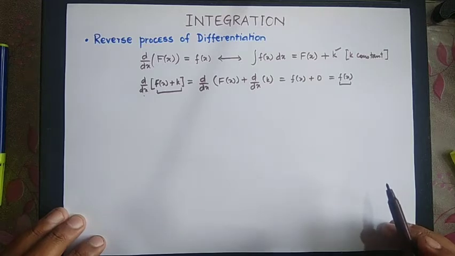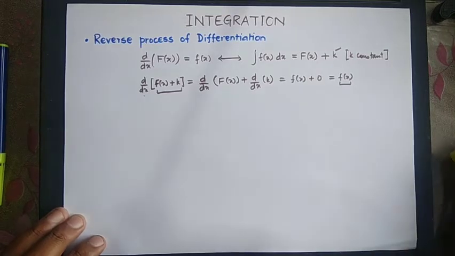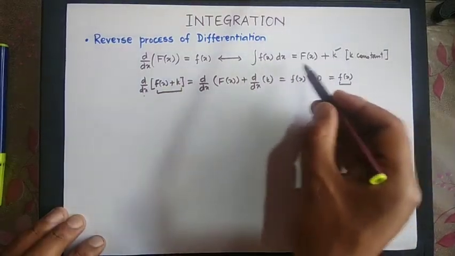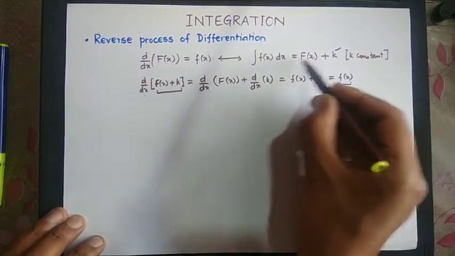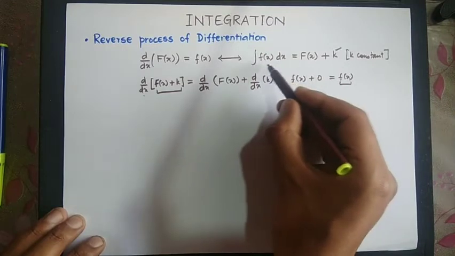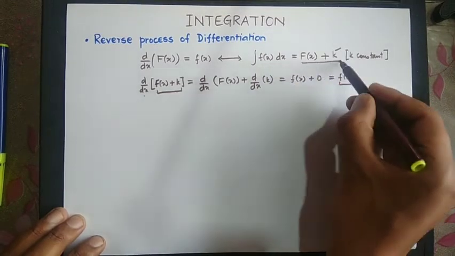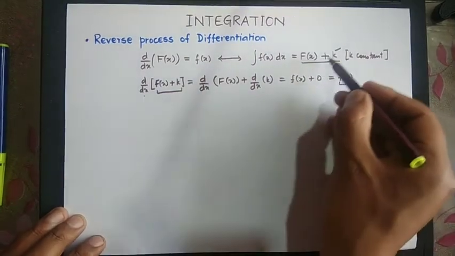Now if I draw the graph of the integral function, from here I saw that my answer for the integral of small f(x) is this much, and this is also a function.